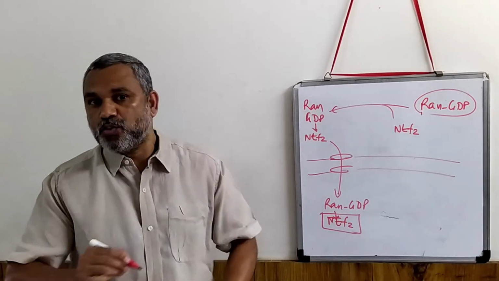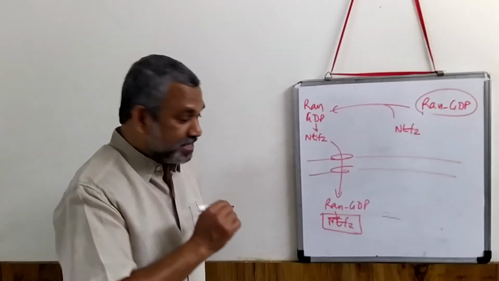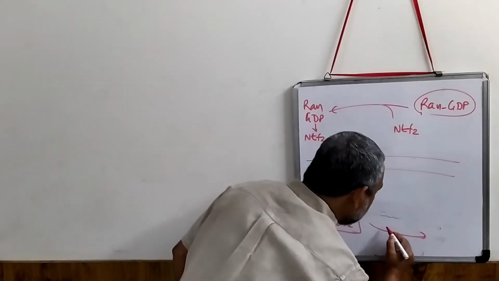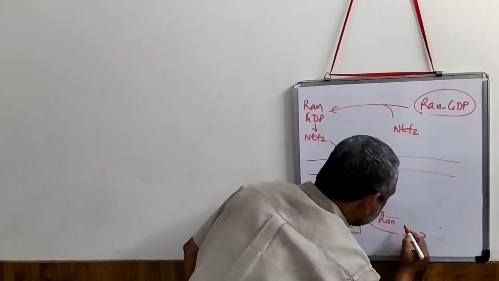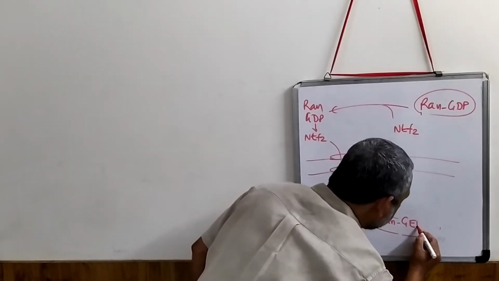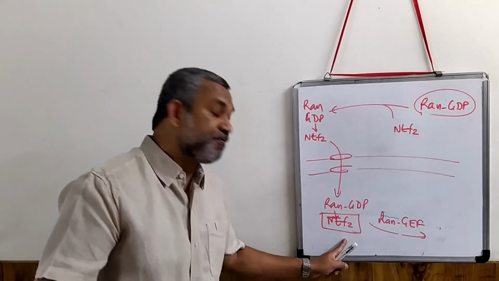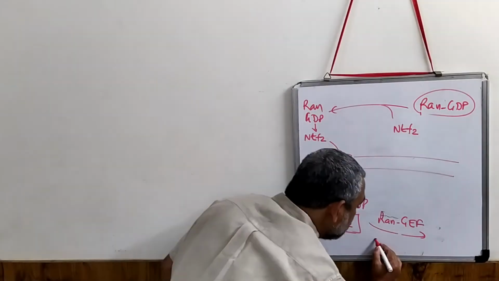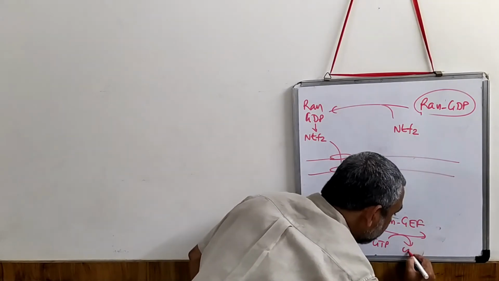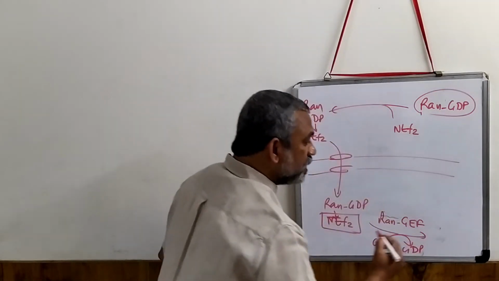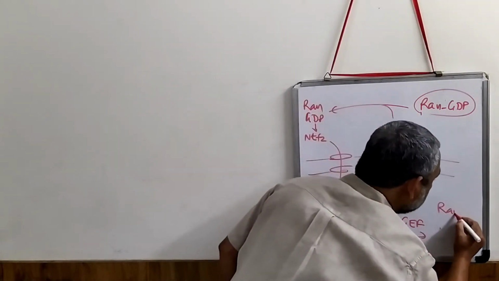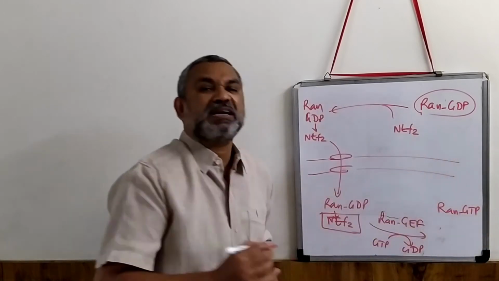Once it is in the nucleus, we have an enzyme. That enzyme is the Ran-GEF enzyme. Ran-GEF will replace GDP with GTP. GDP is removed, so you now have Ran-GTP.